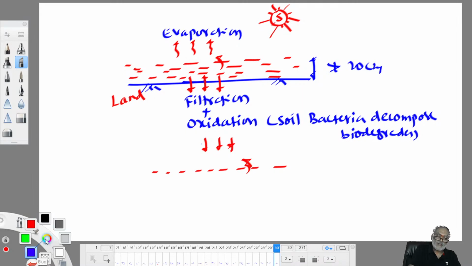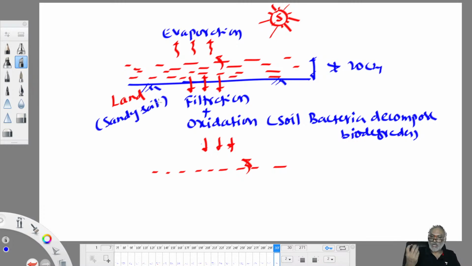Sandy soils are more recommended. Sandy soils are good, their absorbing capacity is very, very high compared to clay soils.